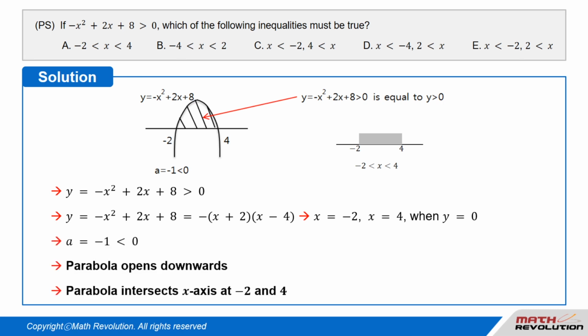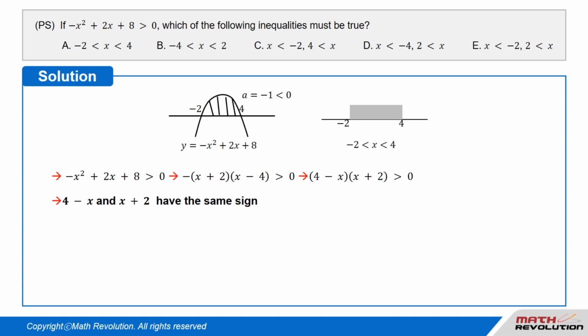Now, the above relation means a equals negative 1, and since a is smaller than 0, the parabola will open downwards. Also, the parabola will intersect the x-axis at negative 2 and 4.